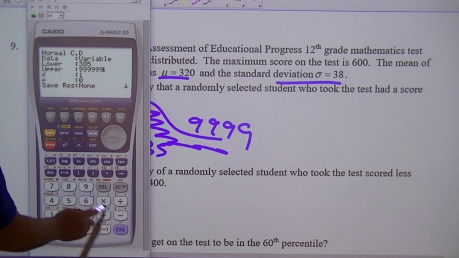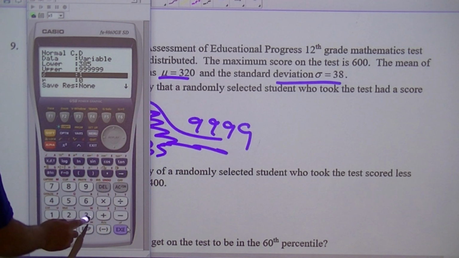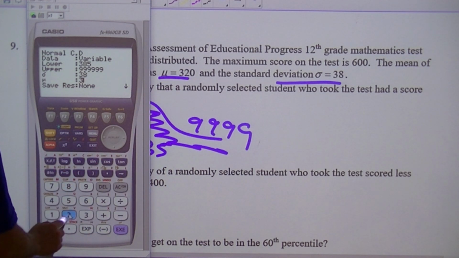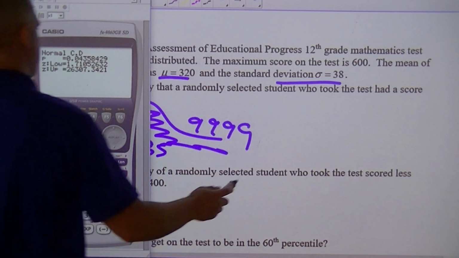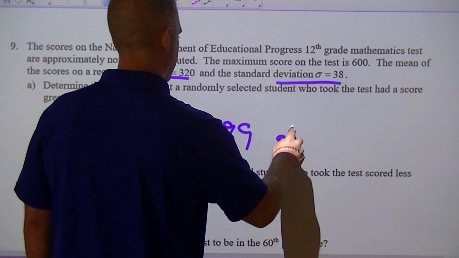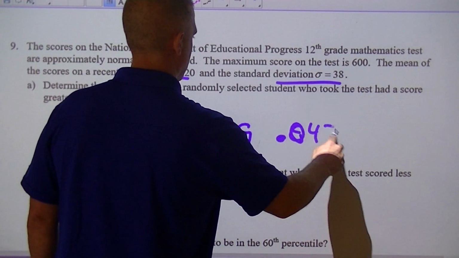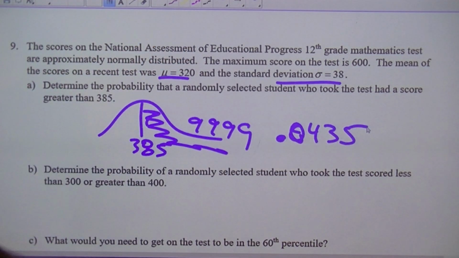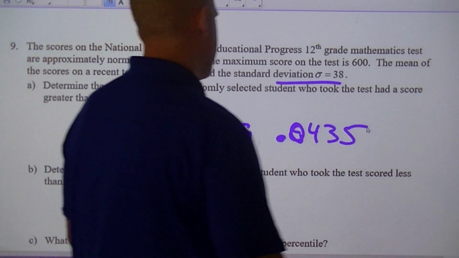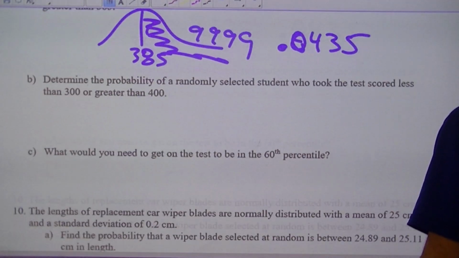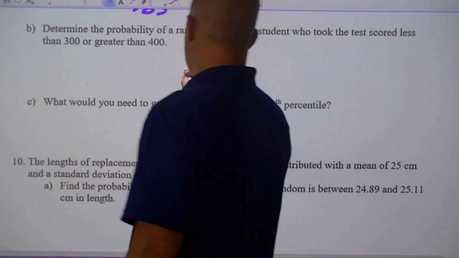The 9s would be the upper. Standard deviation is 38, mean is 320. 0.0435. Okay, determine the probability. Student got less than, these next two questions we will not do, so do not worry about these.